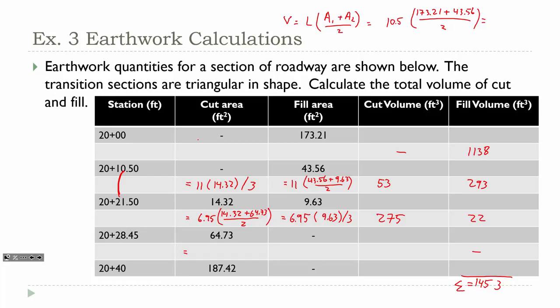And then another average end, so that's going to be, what, 11.55? No. Yeah. 14.56. So the sum of the cut's going to be 1784.